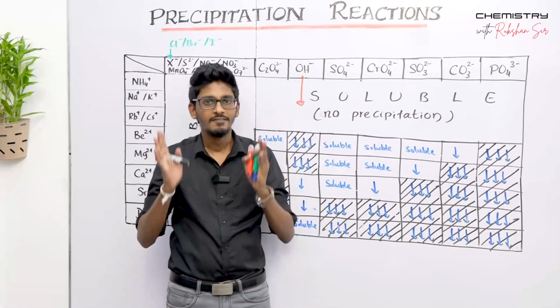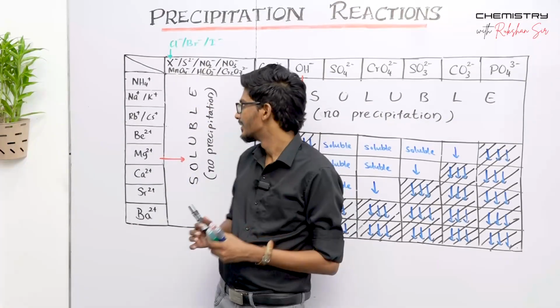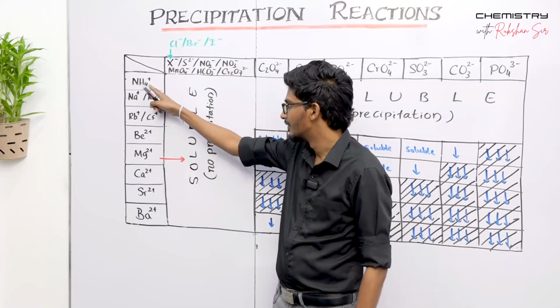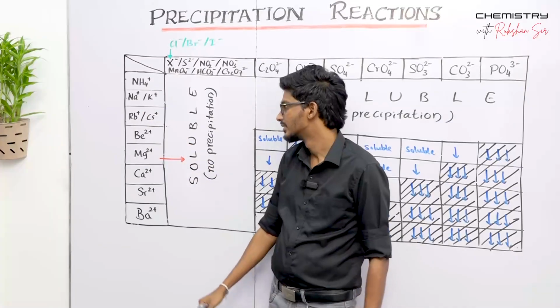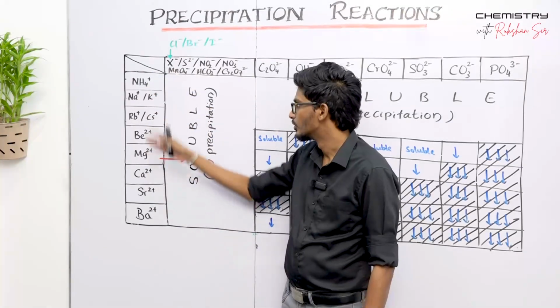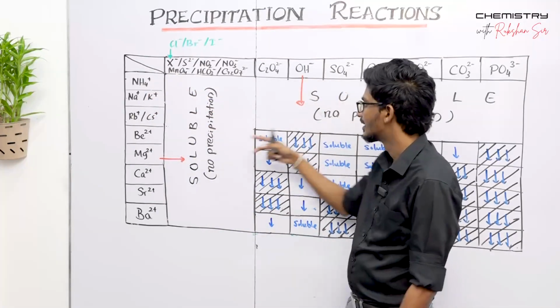First thing to note is, the ammonium salts and the group 1 cations other than lithium never precipitate. You see, no precipitation appears with those cations.